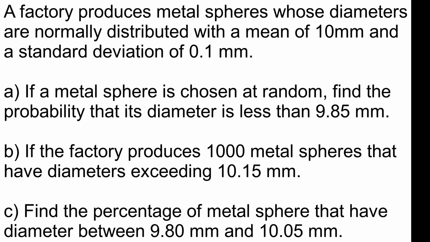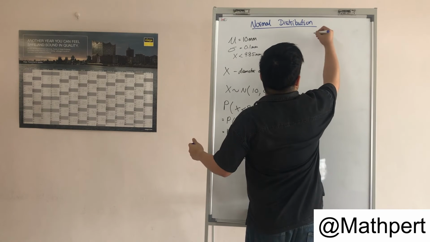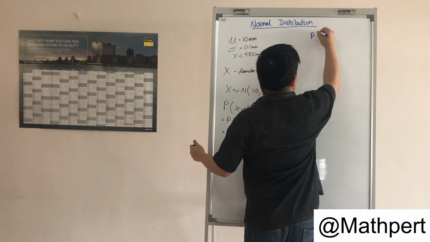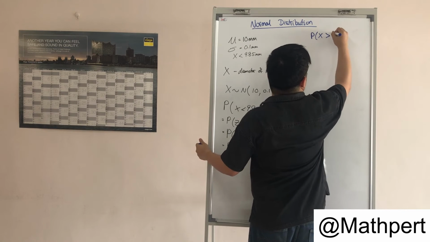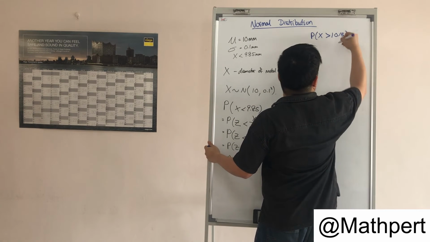If the factory produces 1000 metal spheres in a day, find the number of metal spheres that have diameters exceeding 10.15 mm. In the second part of the questions, we are asked to find the probability of exceeding 10.15. Alright?